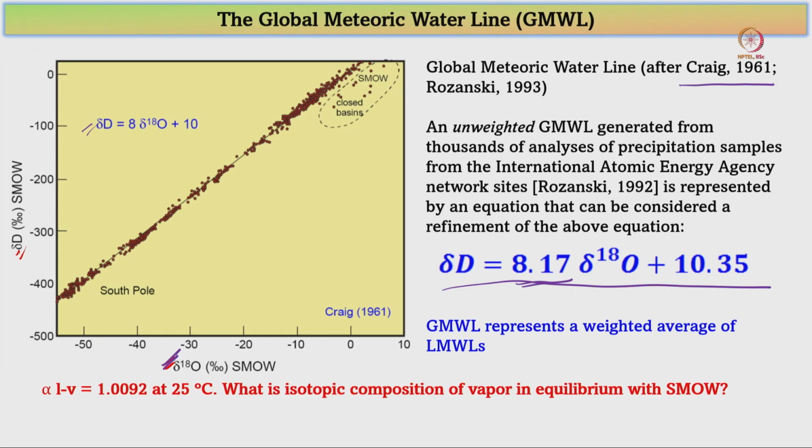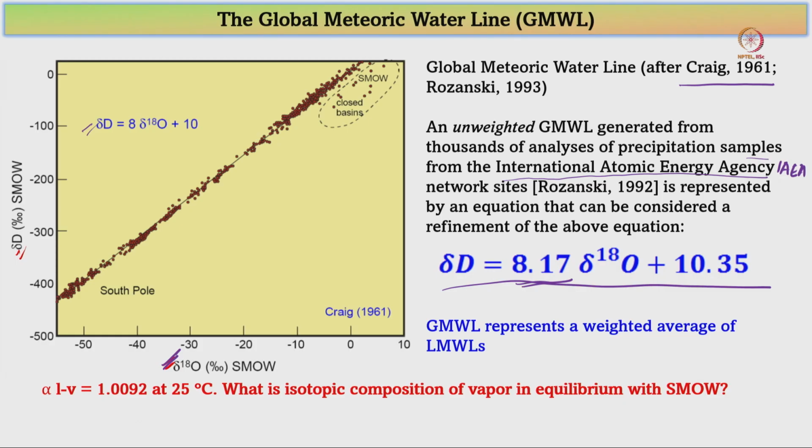This comes from thousands of analyses of precipitation samples, specifically by the International Atomic Energy Agency, or the IAEA. They have very strong analysis data sets, so there is no doubt about the data. There is no instrumental bias or anything like that. It is just how it is.